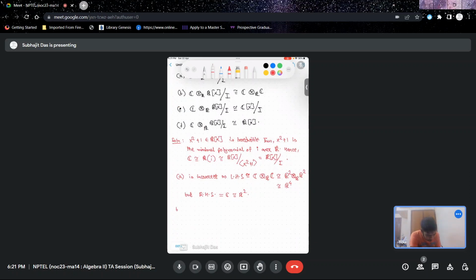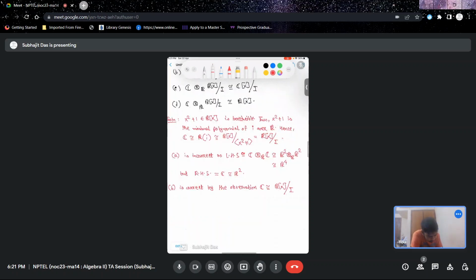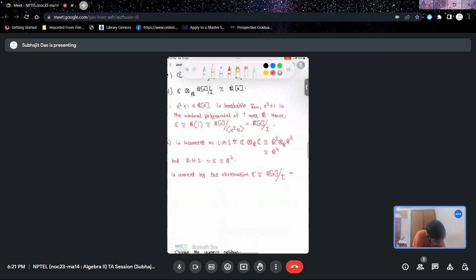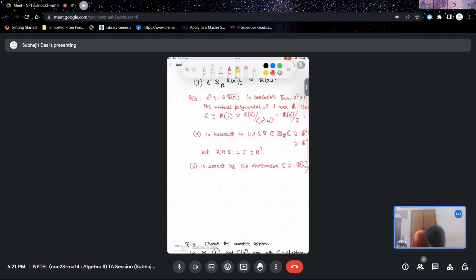So option B is correct by the observation above. That C is isomorphic to R[x] mod I as R modules. They are isomorphic as rings, and hence they are isomorphic as R modules in particular.